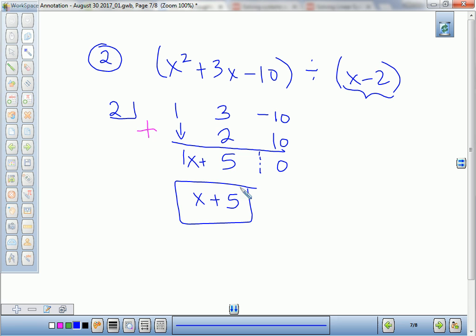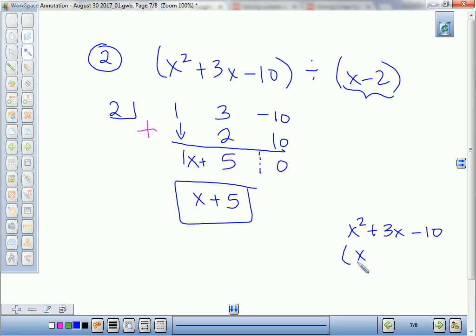Now, I want to talk a little bit about what it means when they don't have a remainder. What it means when they don't have a remainder is x minus 2 is a factor of this. And the quotient right here is another factor. I could have given you this same problem as a warm-up this morning and said, all right, class, factor this.